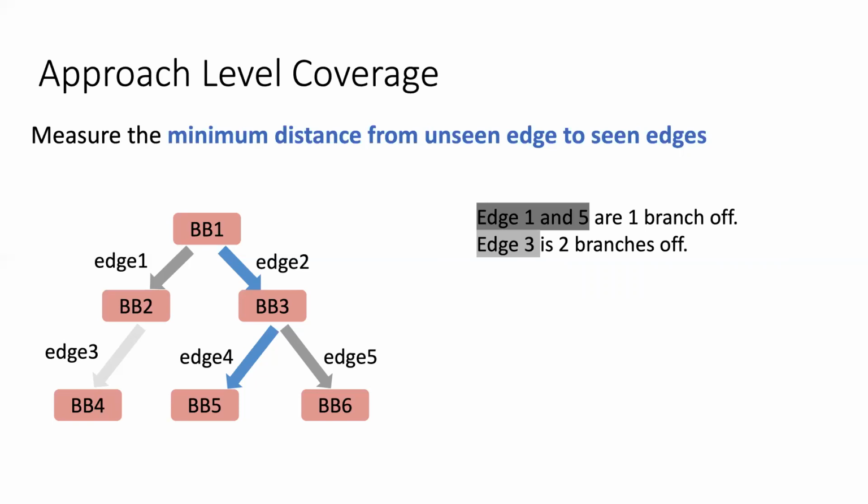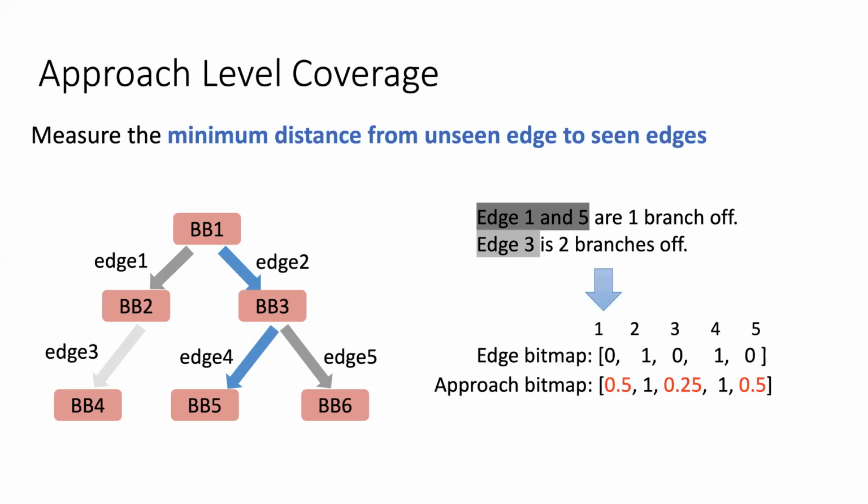For example, the not taken edges are one branch off the current execution path, while the missed edges are two branches off. If one edge has a shorter distance from the current execution path, it is more likely to be discovered. So we define not taken edge as 0.5 and missed edge as 0.25 to capture the distance information.